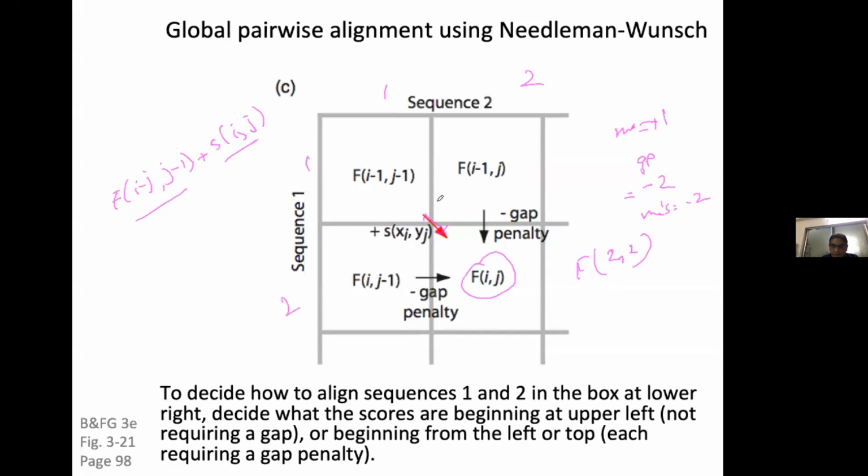Another value comes from here, F(i-1, j), plus the gap penalty, so always -2. And if it comes from this box, that's also -2. And if it comes from the diagonal, if it's a match you add 1, or if it's a mismatch, you add the mismatch value of -2.